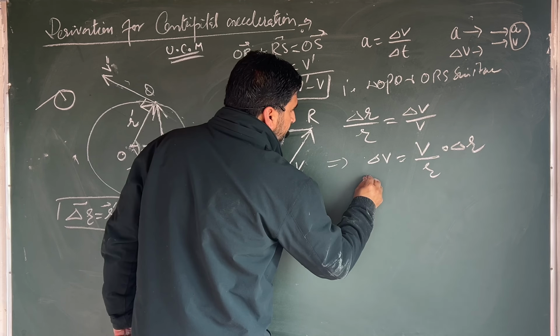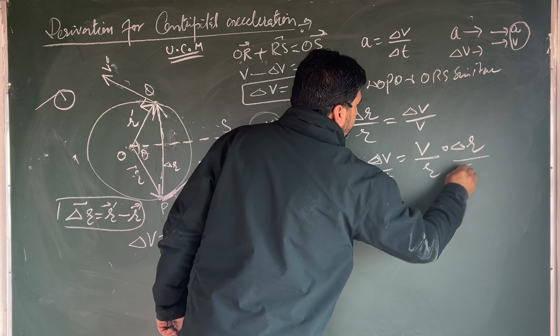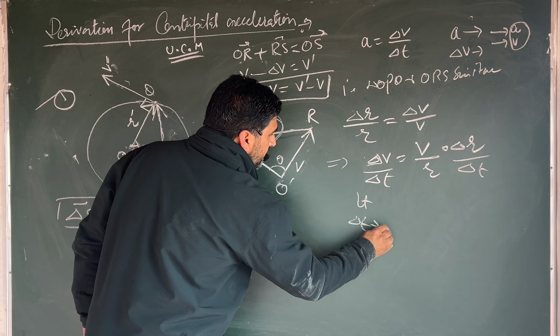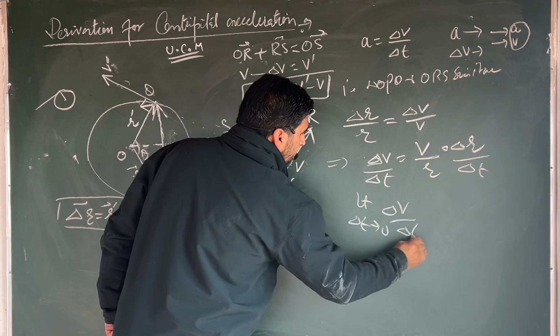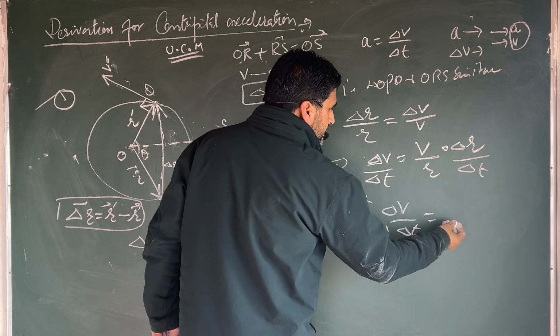Dividing both sides by delta T, and applying the limit as delta T tends to 0, delta V by delta T is equal to V by R, since V is constant, speed is constant, and R is constant, radius is constant.